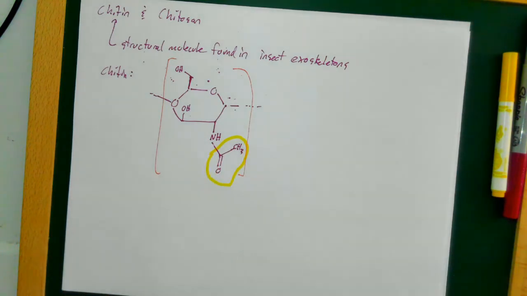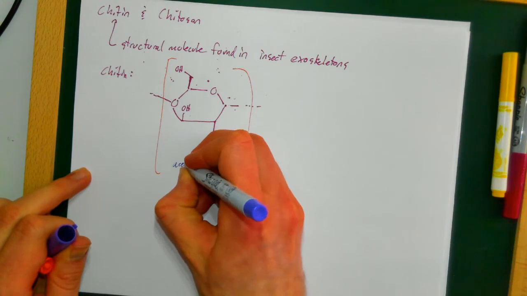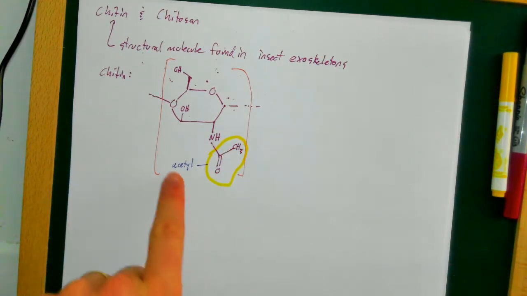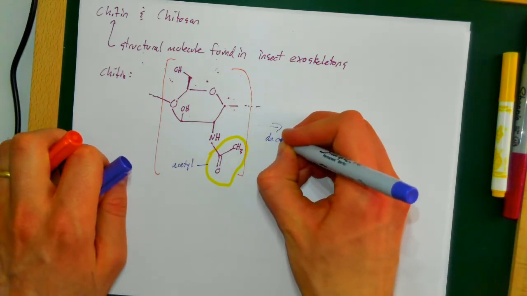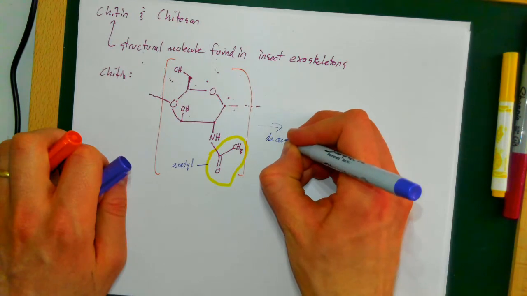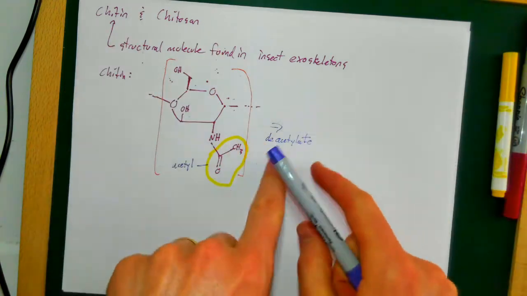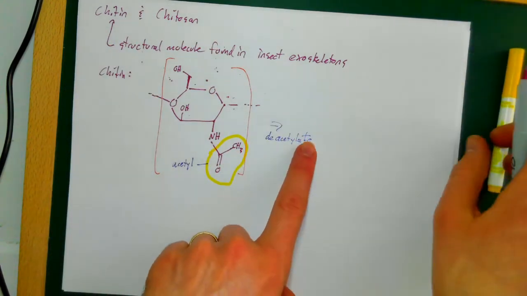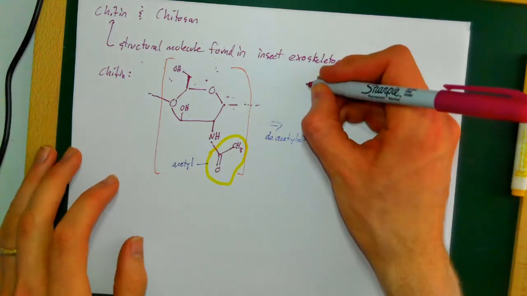This group right here that I've highlighted in yellow is an acetyl group. So through deacetylation, you can take chitin and deacetylate it. Again, the details of exactly how that is accomplished are a little beyond the scope of what I want to cover now, but you can deacetylate your chitin to form chitosan.